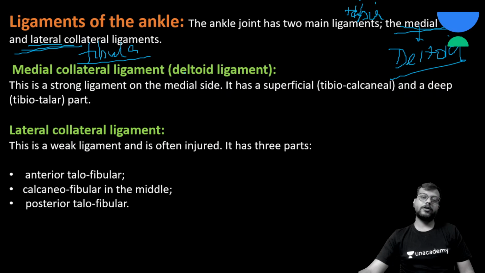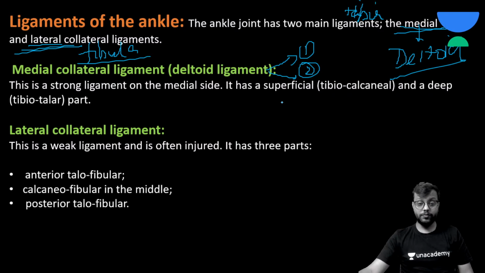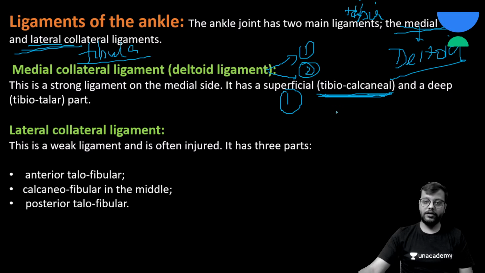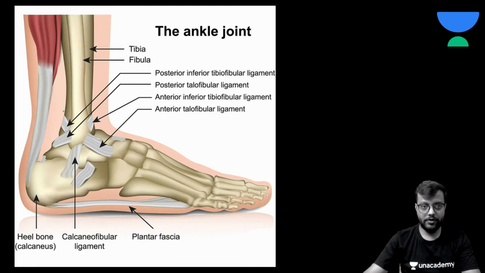The medial collateral or deltoid ligament has two parts. The first is the superficial part, which is the tibiocalcaneal part, and the second is the deep part, which is the tibiotalar part. Okay, tibiotalar part.